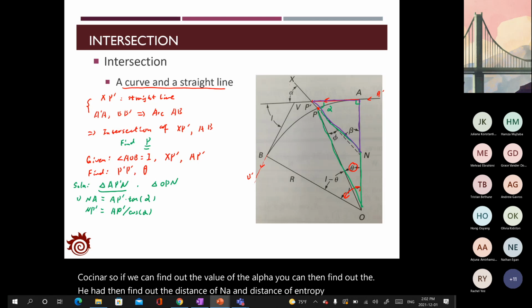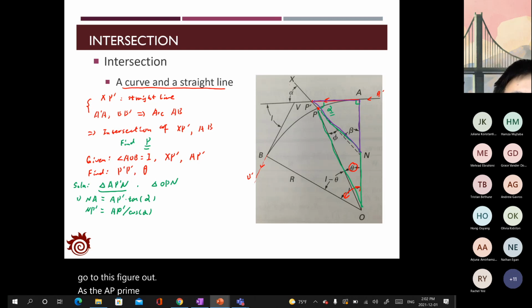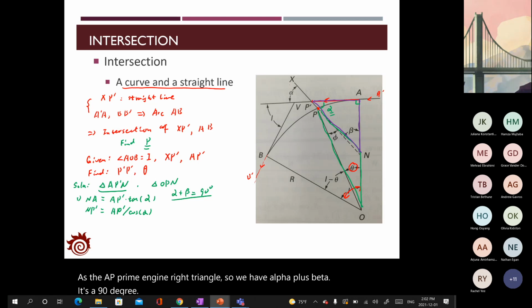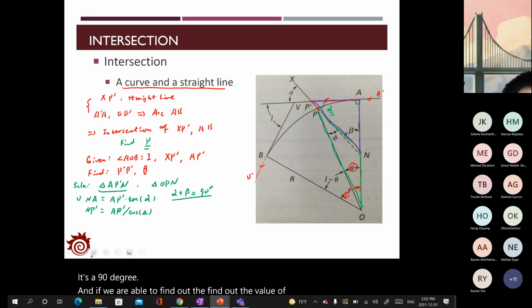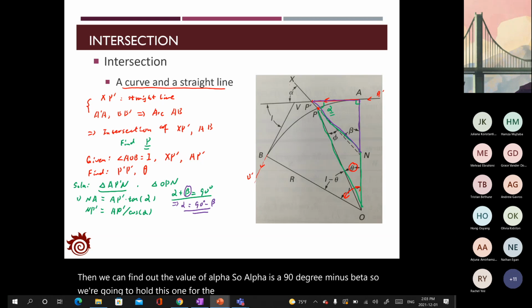If we go to this figure, as AP prime N is a right triangle, we have alpha plus beta is 90 degrees. And if we are able to find the value of beta, then we can find the value of alpha. So alpha is 90 degrees minus beta. So we're going to hold this one for the moment, and then see how we can find the value of beta.